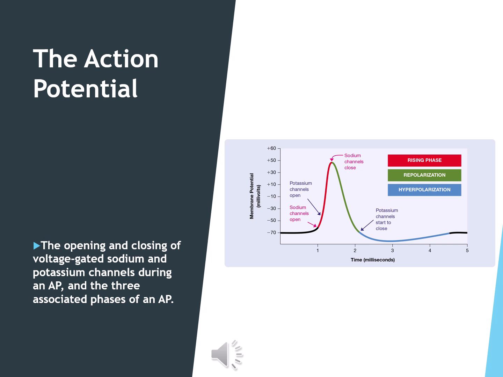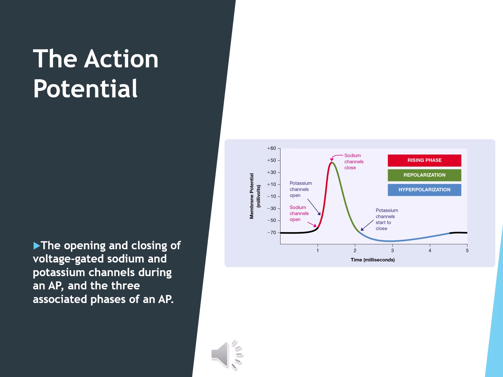So 0 to 1 millisecond, that's a flat line at -70 millivolts. And the sodium channels open up at around 1 millisecond. When we look at the 1 to 1.4 millisecond, there's a steep upward curve that peaks at around 50 millivolts. This upward climb is labeled rising phase, and the potassium channels open during this time.